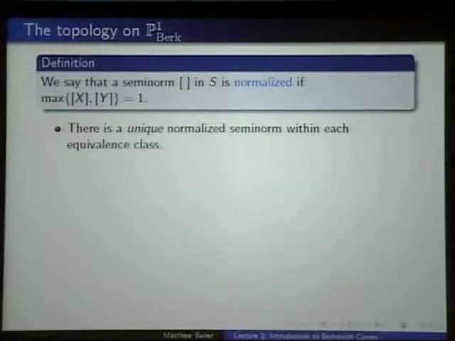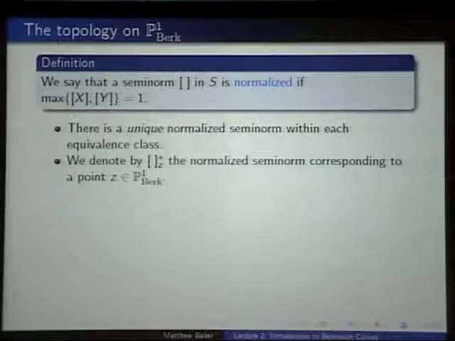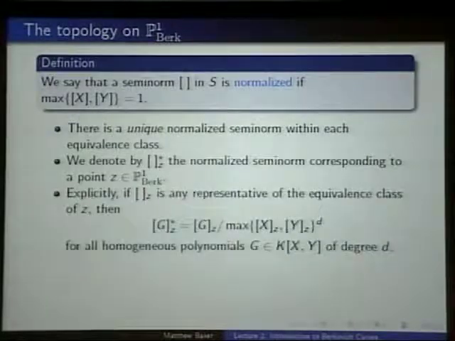Within each equivalence class, we'll have some unique normalized seminorm, which I'll denote by absolute value star. For a homogeneous polynomial g, you can take this to be the definition of the normalized seminorm: you just divide out by the max of |x| and |y| to the d, whenever g is homogeneous of degree d.